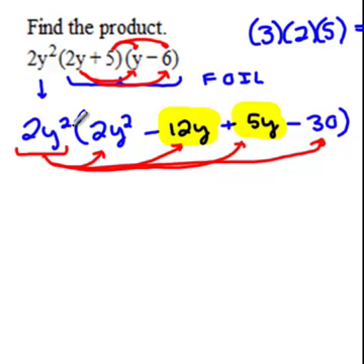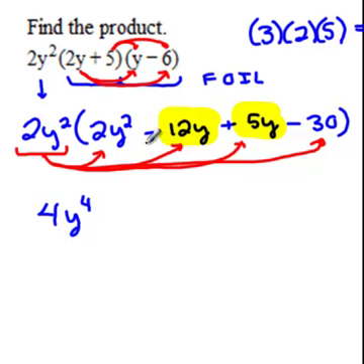So a 2y squared times a 2y squared. 2 times 2 gets me 4. Y squared times y squared is y times y times y times y, which is y to the 4th. And that's my first distributing. I now need to take 2y squared times a minus 12y.